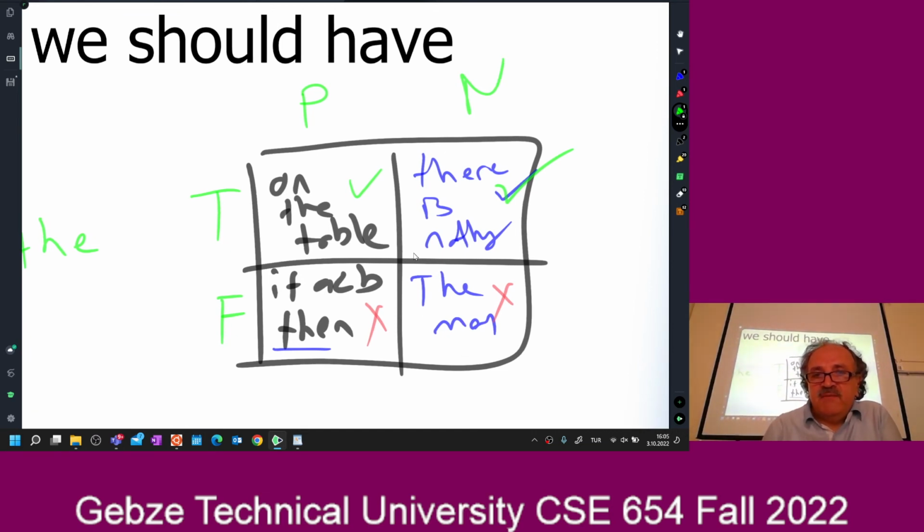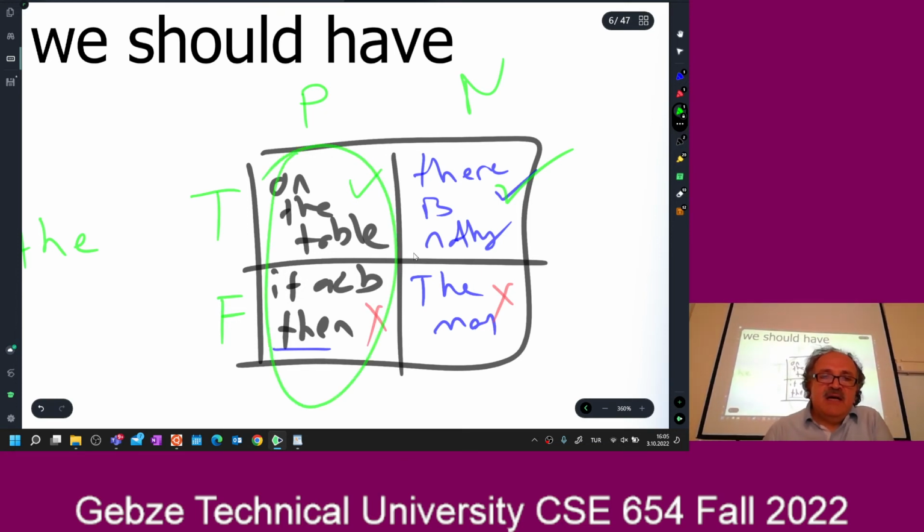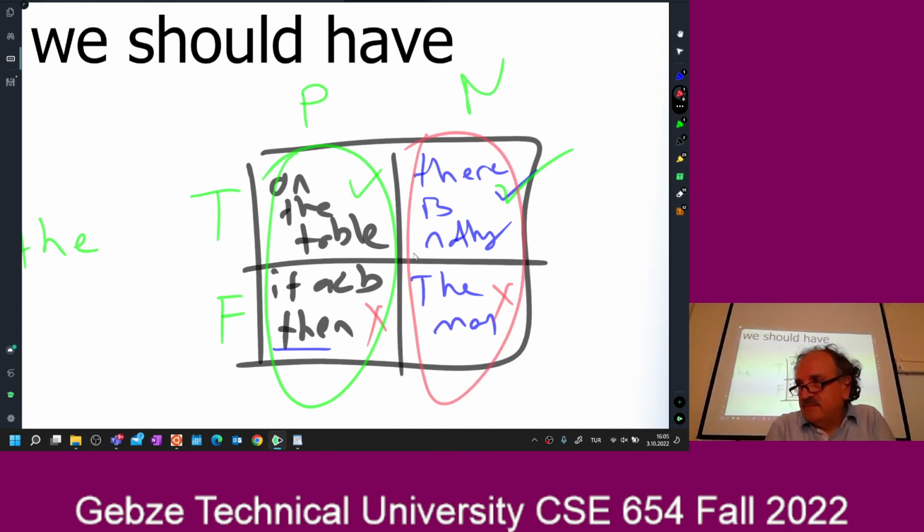So for this part, the computer says I found it. For this part, the computer says I didn't find it. But I don't understand. I am not telling you what kind of algorithm I run.